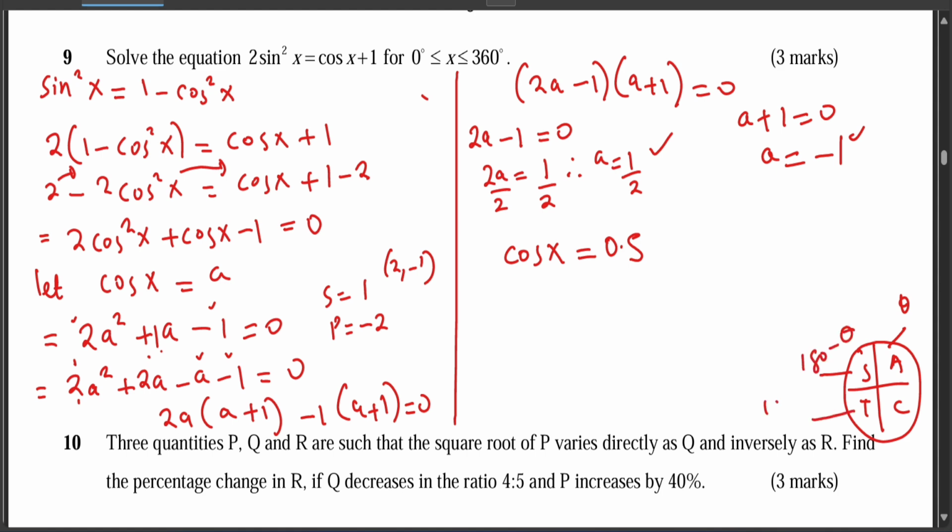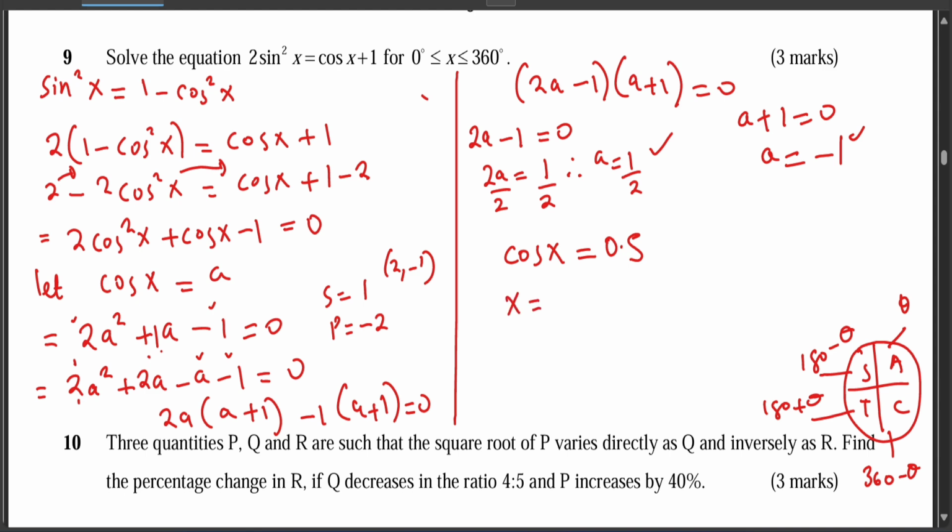Hapa ni t, which is 180 plus theta. And c ni 360 minus theta. Now, when does your cos become positive? At which angle? It usually becomes positive when it's an acute angle, or if it belongs to the first quadrant or fourth quadrant. So we do x.